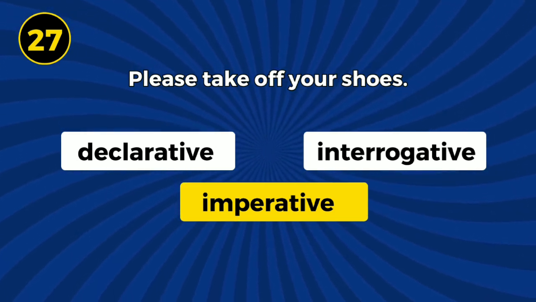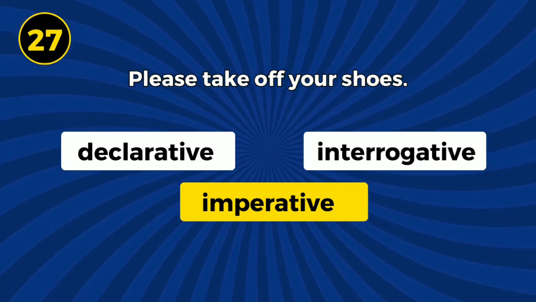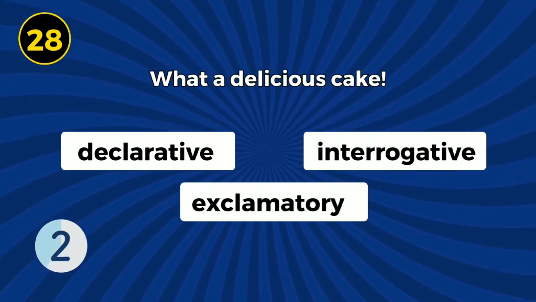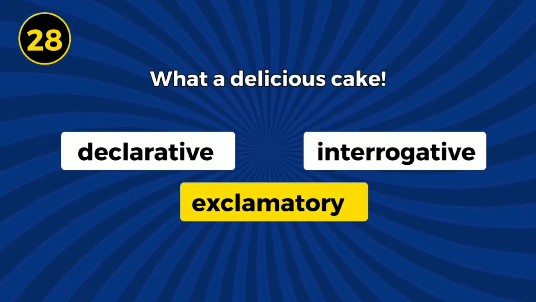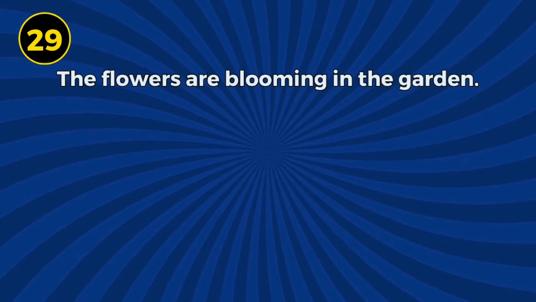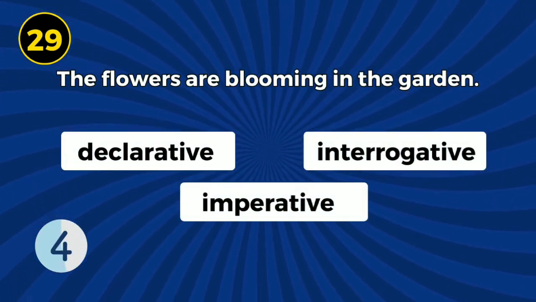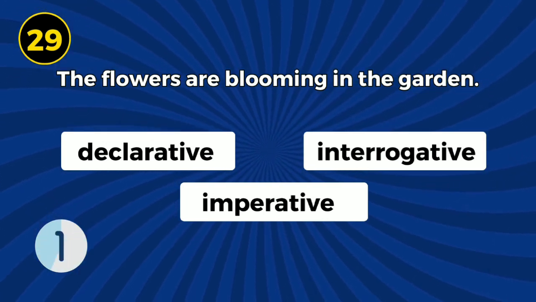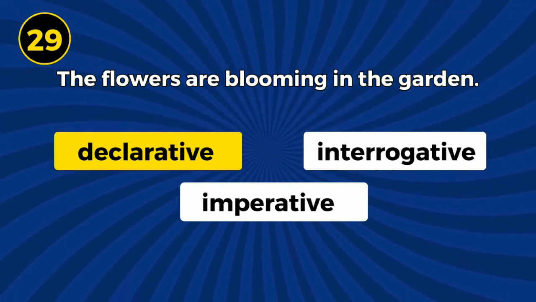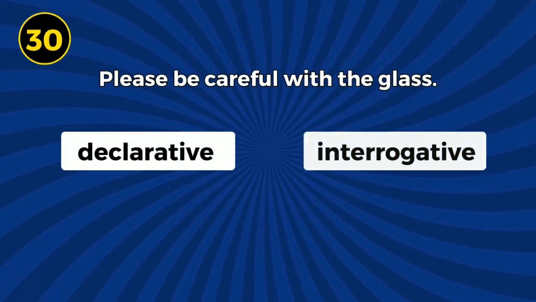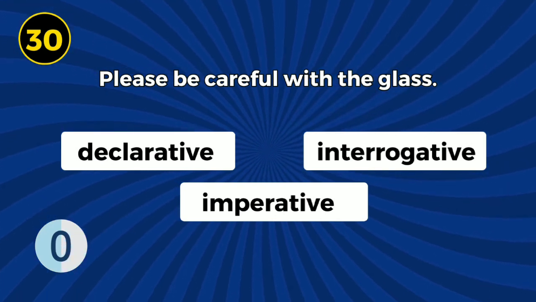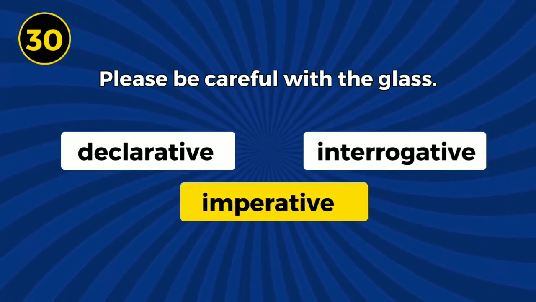Please take off your shoes. It is an imperative sentence. What a delicious cake! It is an exclamatory sentence. The flowers are blooming in the garden. It is a declarative sentence. Please be careful with the glass.